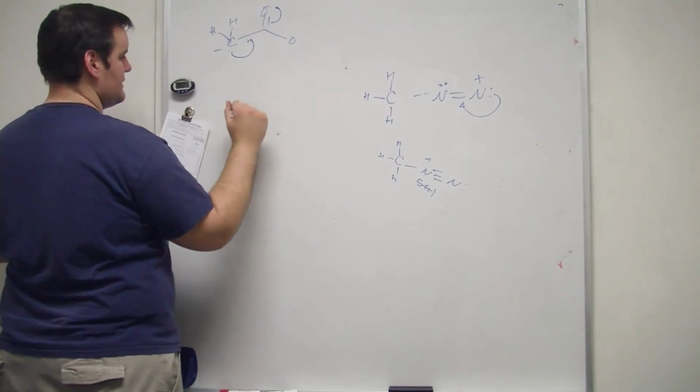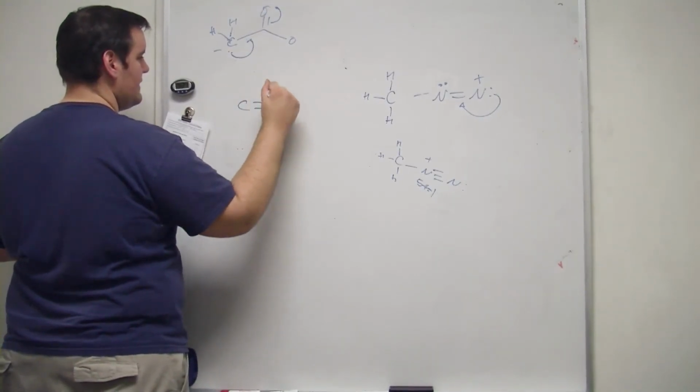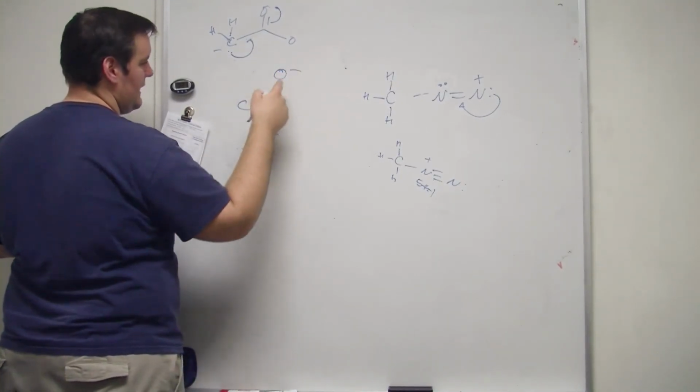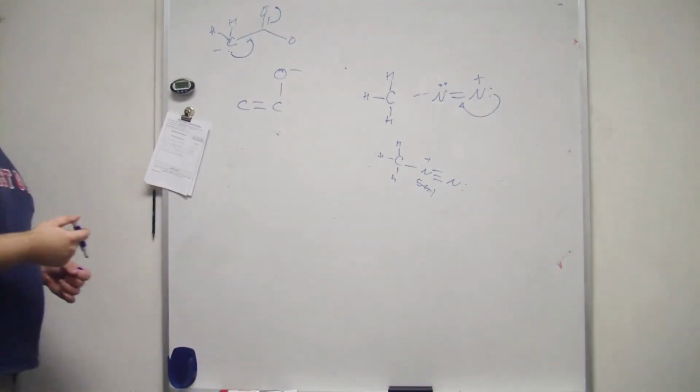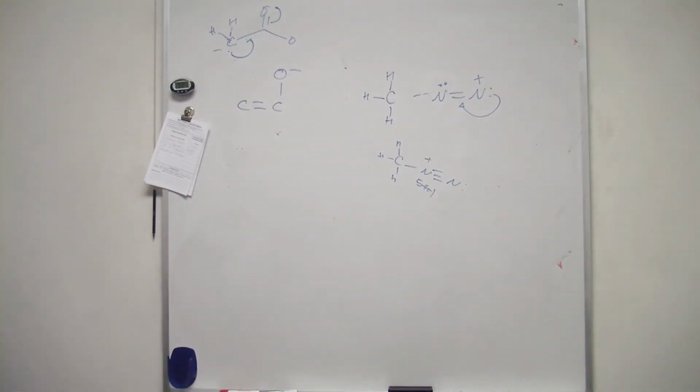Because here you have a negative charge on a carbon. If I form this guy here, now my negative charge is on the oxygen, which is more electronegative, which would be more stable. Now if I gained a positive charge on that carbon, it'd be better for the carbon to have a positive charge than the oxygen to have a positive charge.